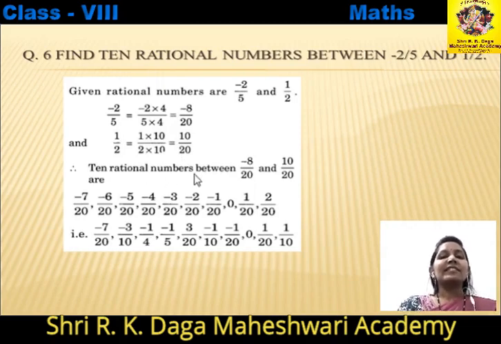Now we can easily find 10 rational numbers between these two numbers as minus 7 by 20, minus 6 by 20, minus 5 by 20, minus 4 by 20, minus 3 by 20, minus 2 by 20 and minus 1 by 20, or 0, 1 by 20, 2 by 20, 3 by 20, 4 by 20 and so on.